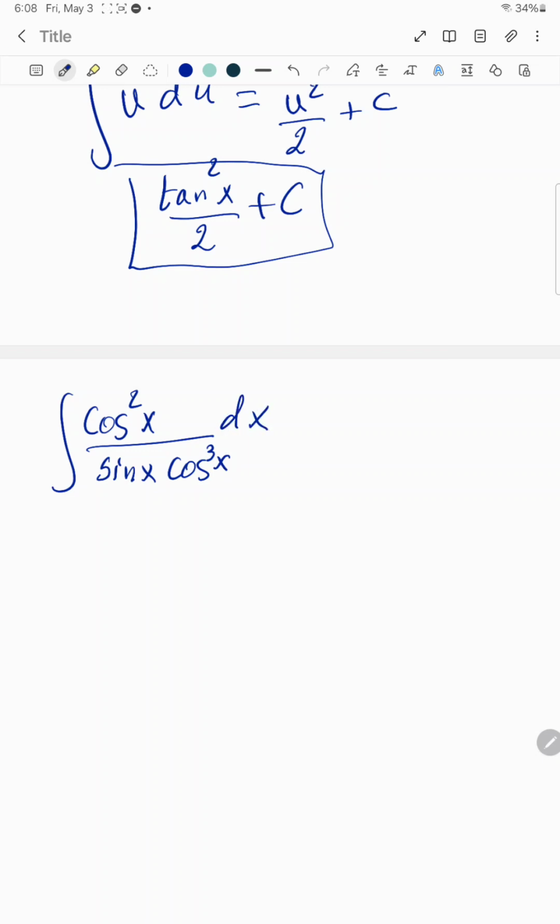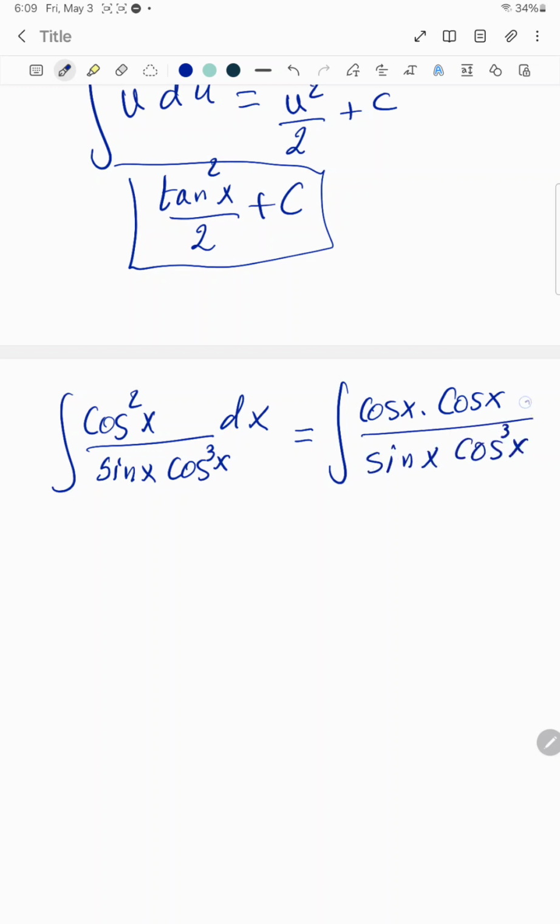Okay? But the cosine square of x, I can write it as cosine of x times cosine of x, divided by sine of x cosine cubic of x dx. And now cosine divided by sine is cotan of x.